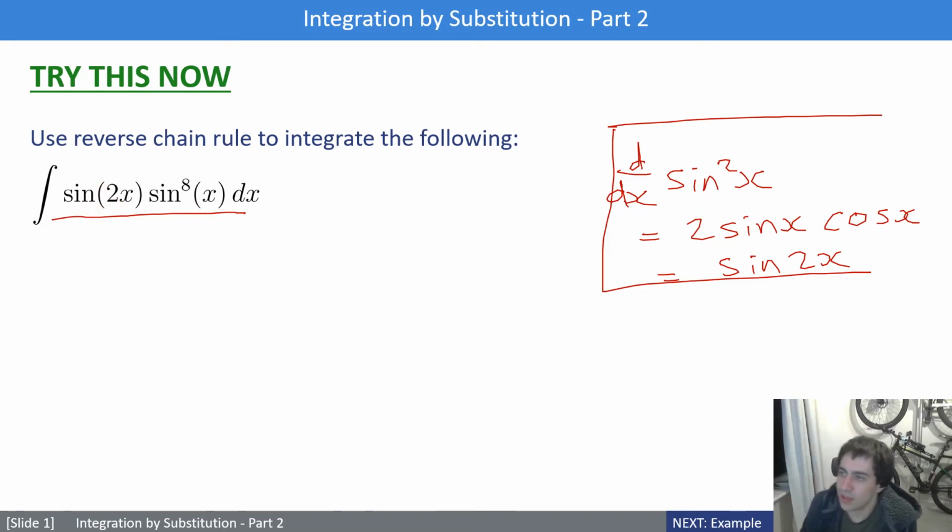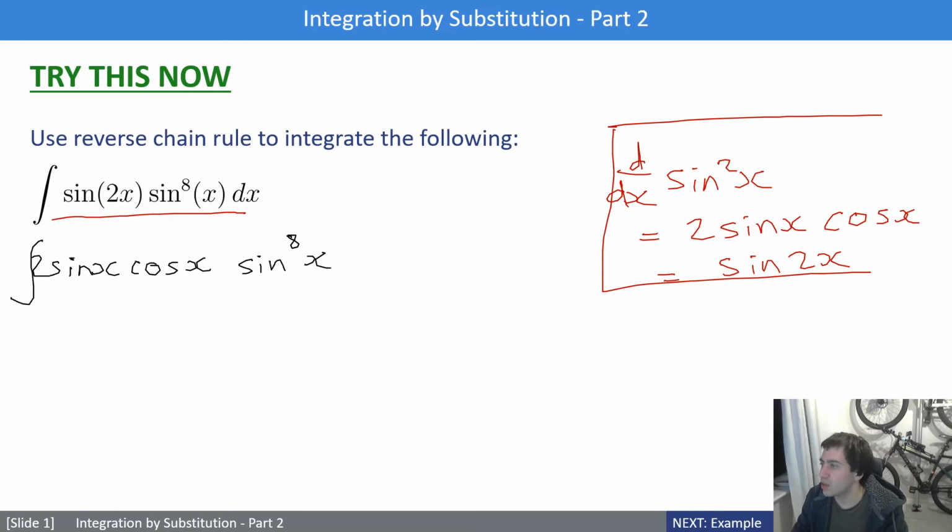However, if you had been tempted, sometimes this will make sense, sometimes it won't, if you'd been tempted to change sine 2x into this, oops, 2 sine 2x, then you might have seen, oh, sine squared does in fact go to 2 sine 2x.